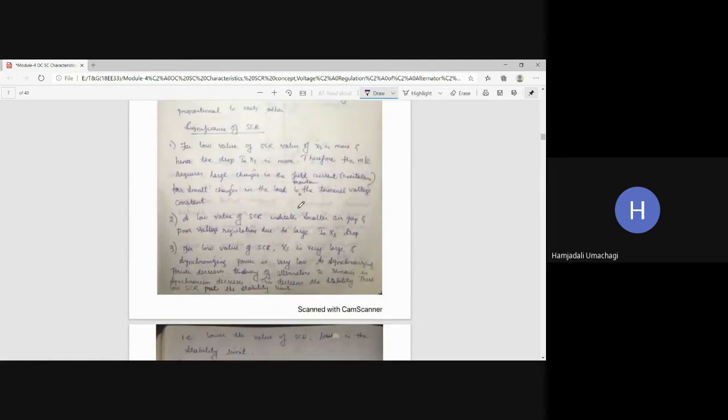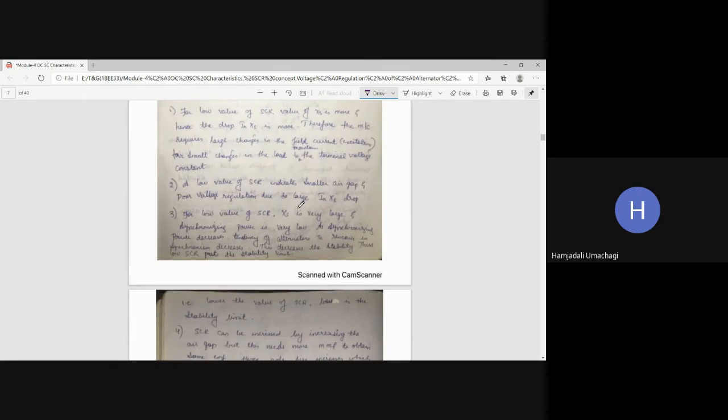SCR is inversely proportional to Xs. It means SCR should always be high, so that Xs will be low. If Xs is low, then regulation will be very minimum. If regulation is minimum, it means the performance of the machine will be good.